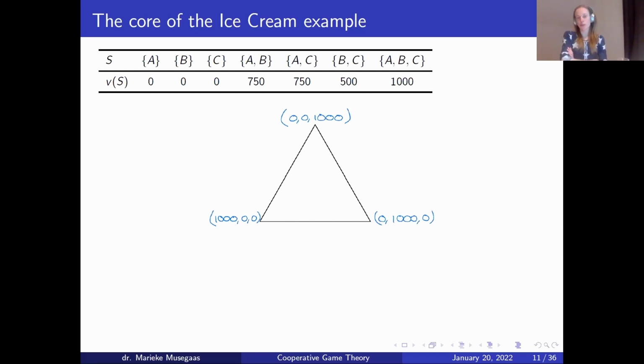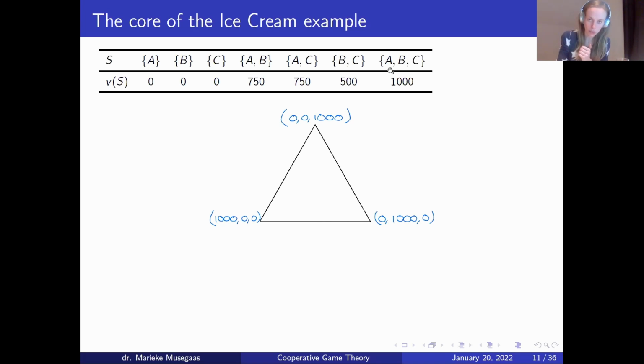Indeed, you can only draw a triangle for a 3-person game. For a 2-person game, you can simply draw a line. For a 4-person game, you already need to draw something 3-dimensional. So it always has one dimension less.